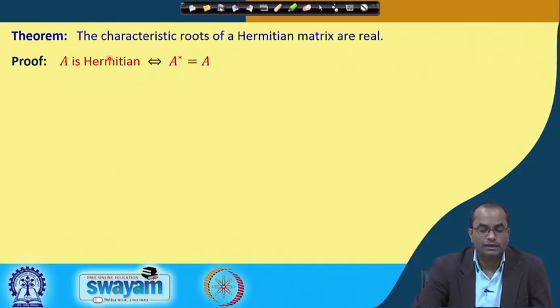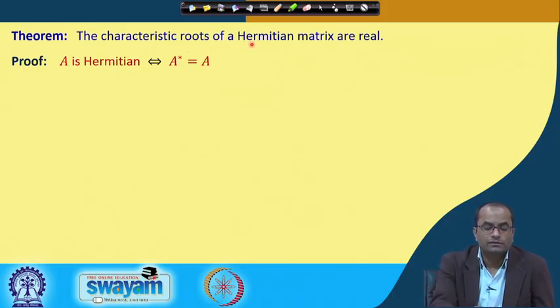So, what is this result? For Hermitian matrices the roots are real, because we have also seen that though a matrix may have all real entries, we can get the characteristic roots as complex numbers. We have seen in previous lectures one of the examples, a very simple 2 by 2 matrix with real entries, whose characteristic roots, the eigenvalues, were non-real, so complex.